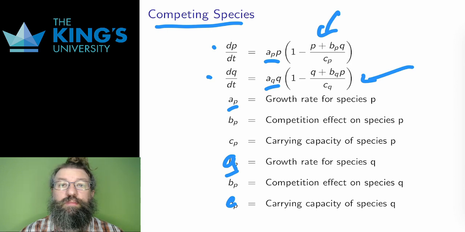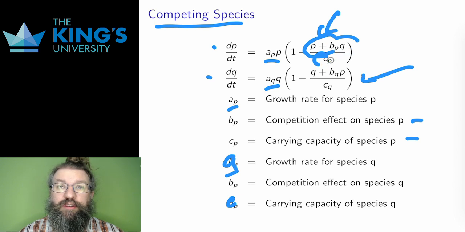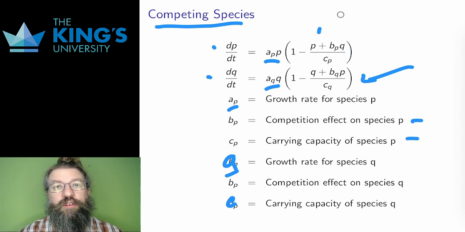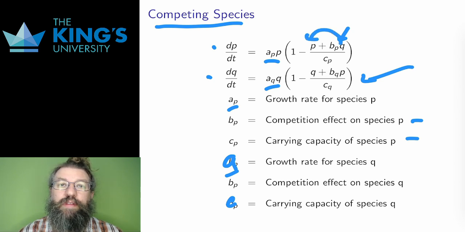Carrying capacity is just basically how much the environment can handle. But then I also have the first population plus some coefficient times the second population. That's going to measure how the second population competes with the first. And the same thing here, Q plus bQP is going to measure how P competes with Q and the effect of that on the growth rate of Q.